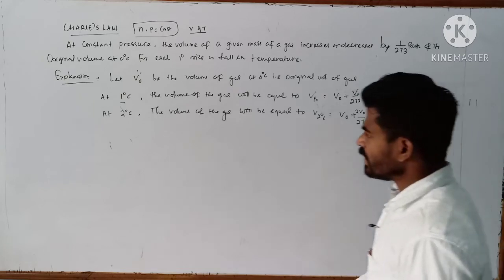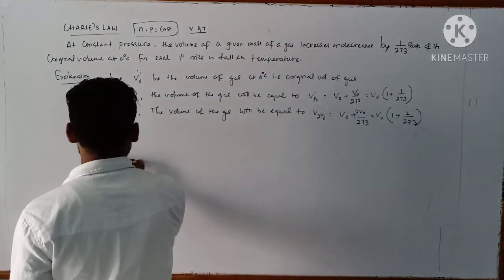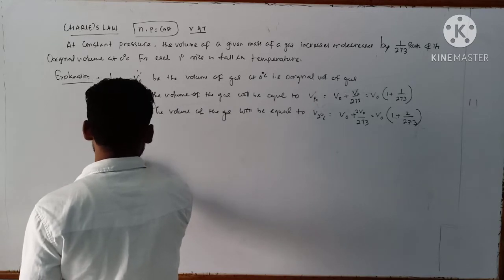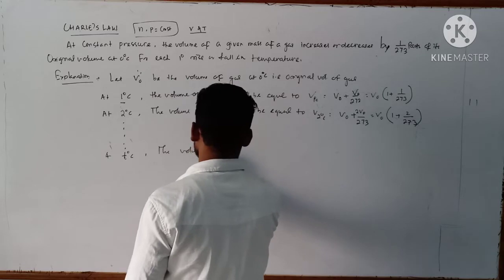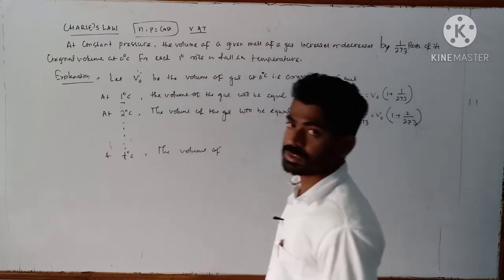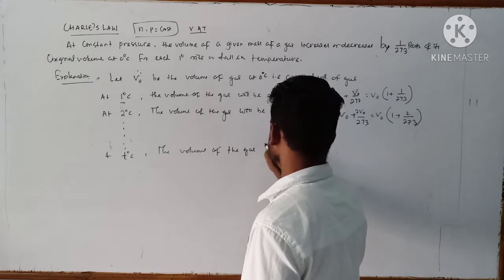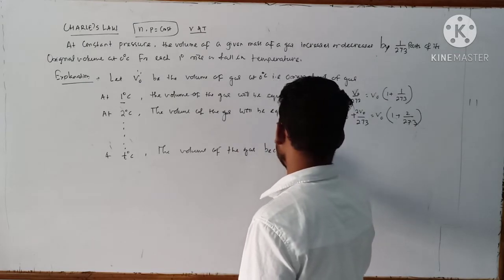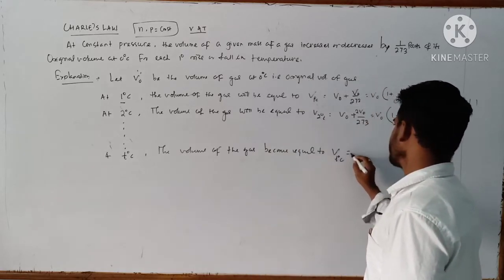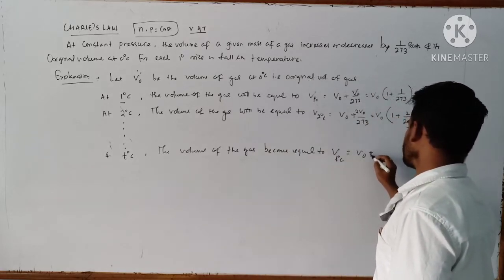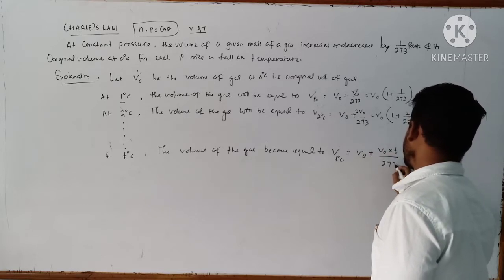Likewise, if I proceed like this, at t degree centigrade, small t, the volume of the gas becomes equal to V at t degree centigrade, that is equal to V naught plus V naught into t by 273.